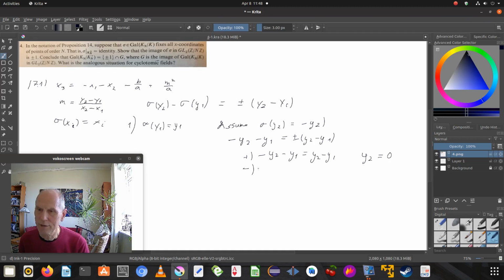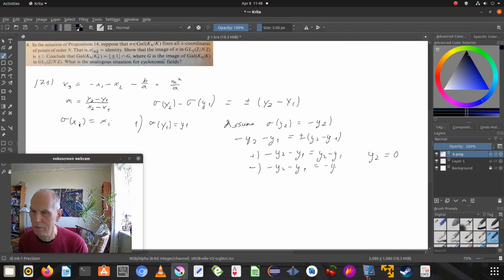And in case of minus, the y2 cancels and we get y1 vanishes. So in either case, the sign of one of them is irrelevant.